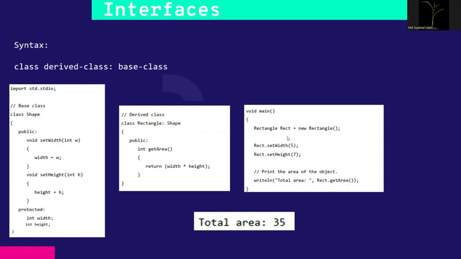When from the main function we create an object of the rectangle class, the rectangle class now has three functions: this one, set height, and set width. Everything can be accessed through rectangle. This is the flexibility of object-oriented programming. This is similar to C++, in D as well.